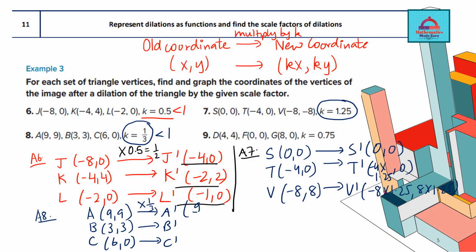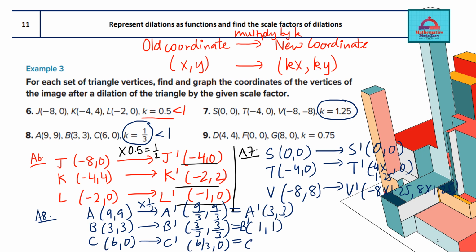So this is 9 divided by 3, 9 divided by 3, 3 divided by 3, and so on. 0 will remain unchanged. So the new coordinates that will come is A prime as 3, 3 after reduction, B prime as 1, 1, and C prime as 2, 0. So this is how you solve.